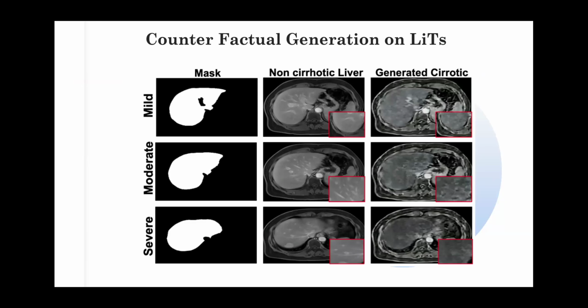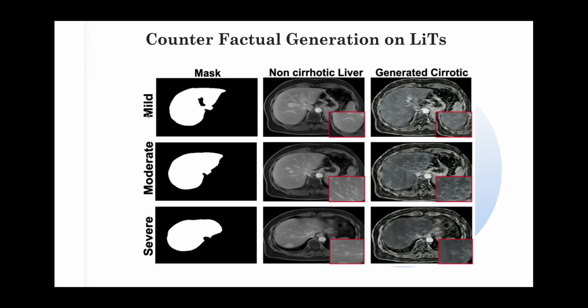And we also did the pathology generation. We have also fine-tuned our method, the ViCTr method, for getting generated cirrhotic images, cirrhotic liver. So if you see, this is the non-cirrhotic liver from the LiDS, and we are able to generate the cirrhotic patterns on the liver.